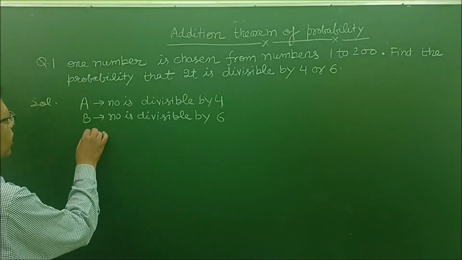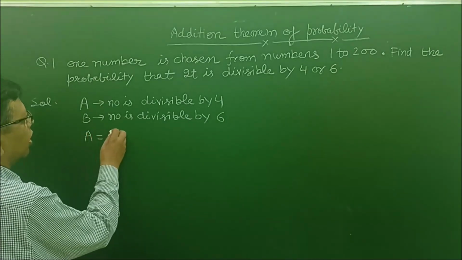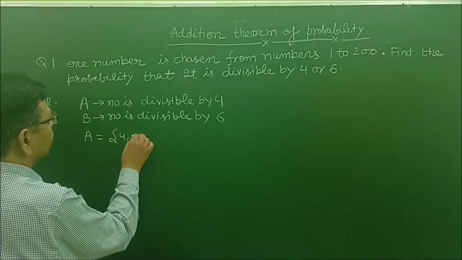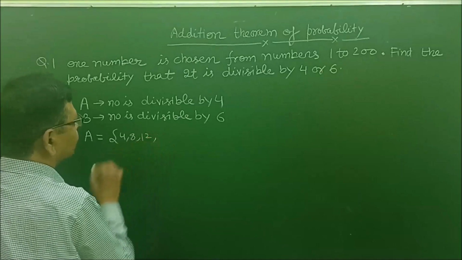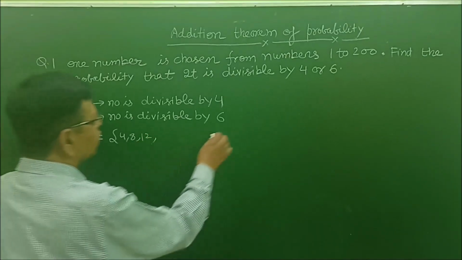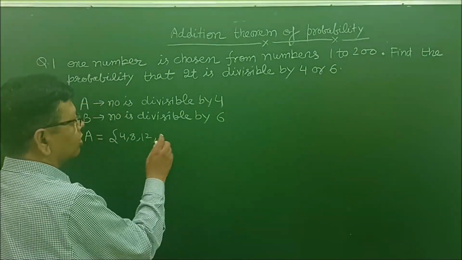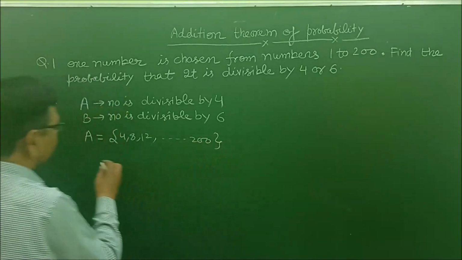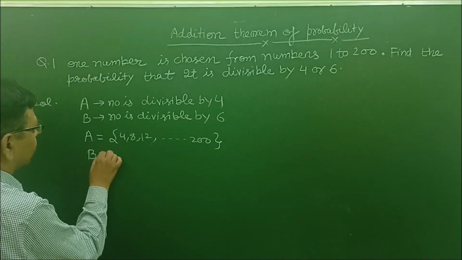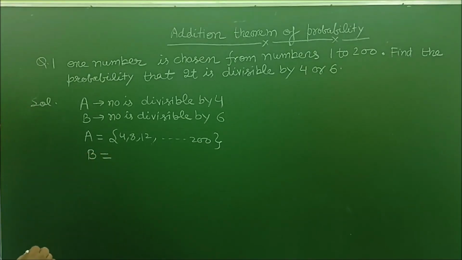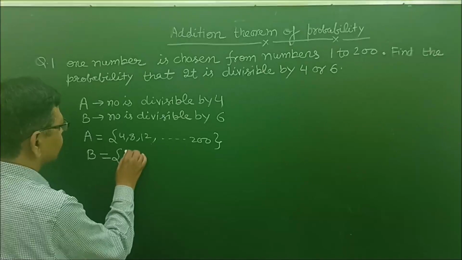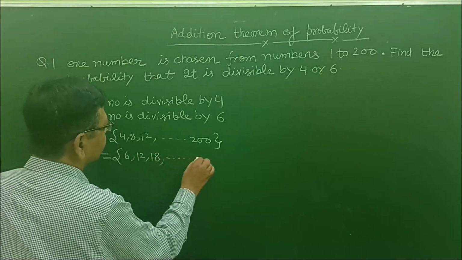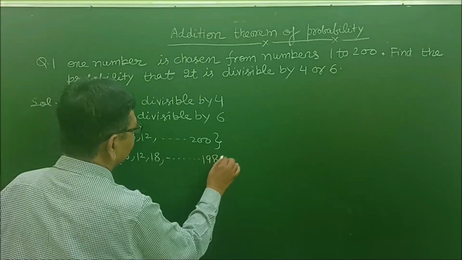Set A will consist of the numbers divisible by 4, that is starting from 4, then 8, 12, and the last number will be 200. Event B consists of the numbers divisible by 6, that is 6, 12, 18, and this will continue up to 198.